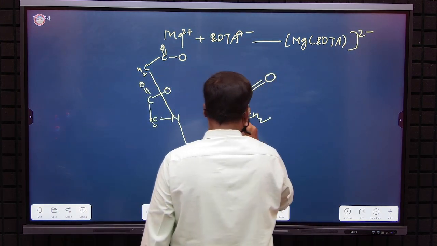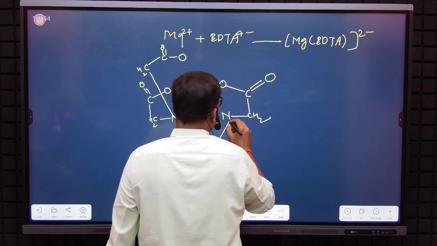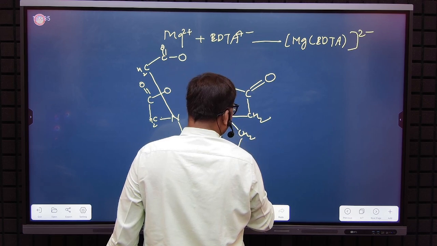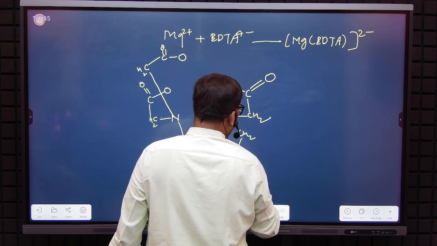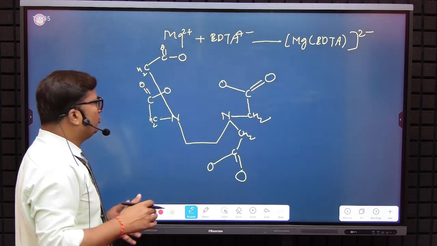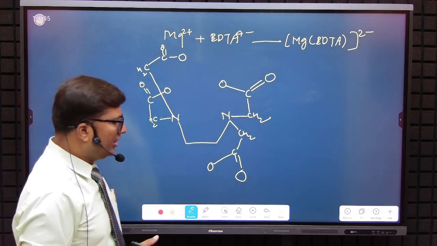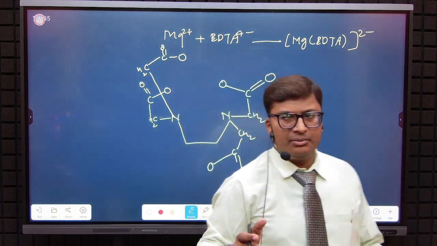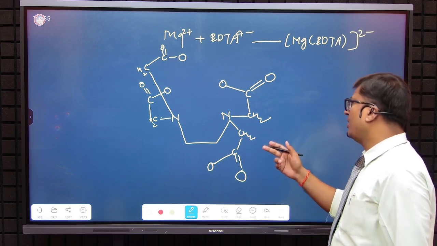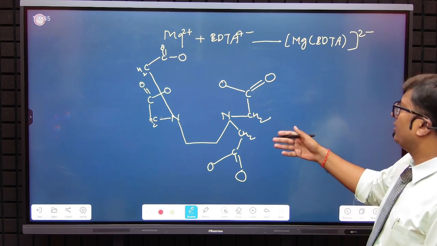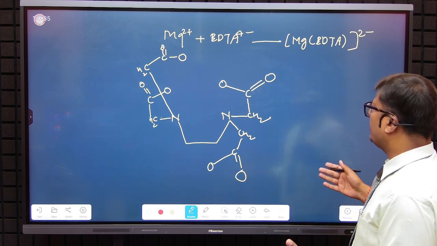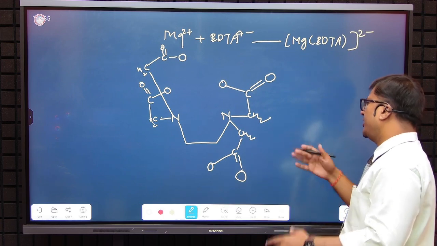And similarly here it forms like this, CH2 C double bond O. So we are trying to reorient and reorganize the structure of this particular EDTA 4 minus so that it can form a complex with a particular metal, that is Mg2 plus, and provide a better and suitable geometry.